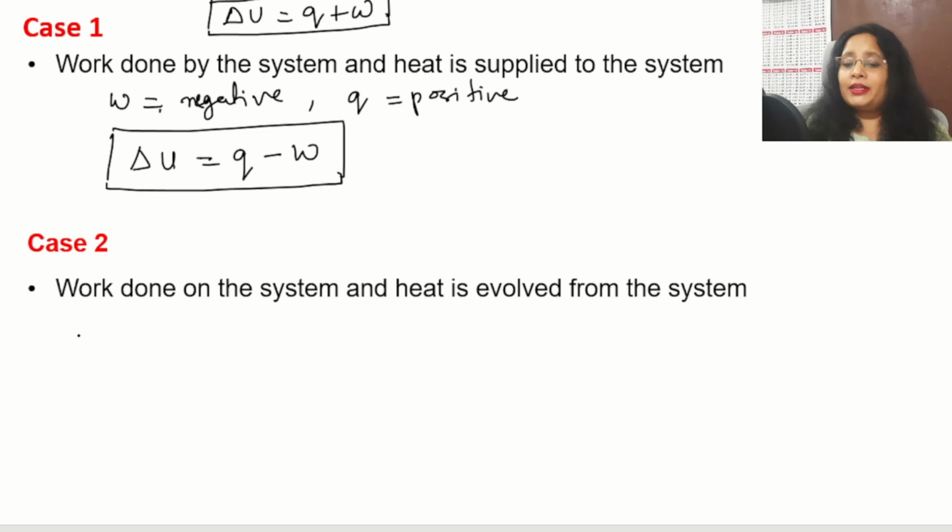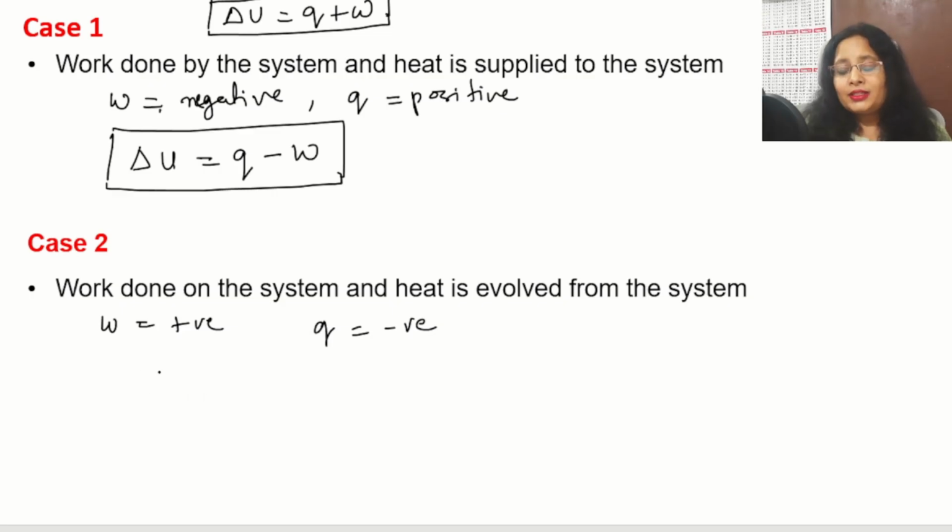Now in case 2, when work is done on the system, W will be positive, because if we are doing work on the system, it means the internal energy will increase. So positive. And heat is evolved from the system, it means Q will be negative. Heat evolving means going out, so internal energy will decrease. So negative.